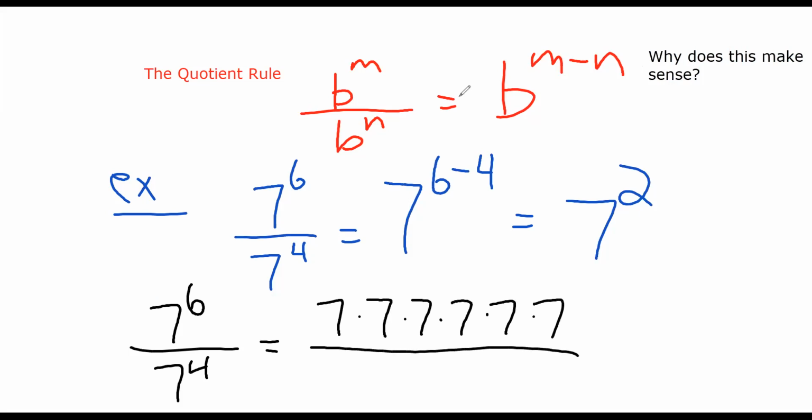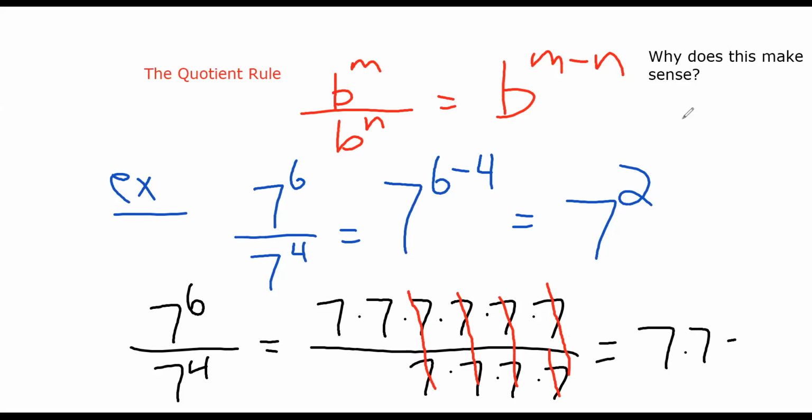On bottom, 7 to the 4th is going to be 7 times 7 times 7 times 7. And now notice you'll be crossing things out here. You can cross out these 7s, these 7s. In other words, you're deducting the total number of 7s there are on top based on how many there are on bottom. Thus, you're just left with 2 7s, 7 times 7, or 7 squared.